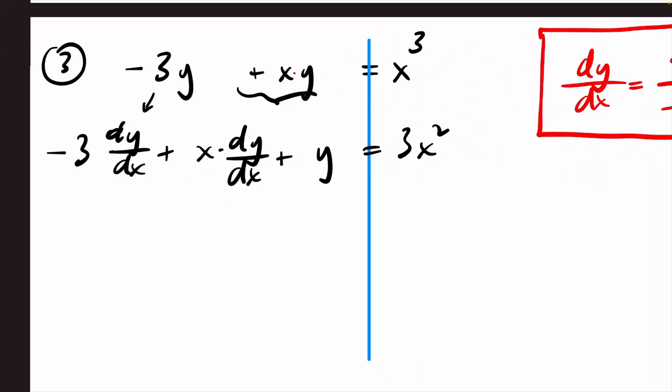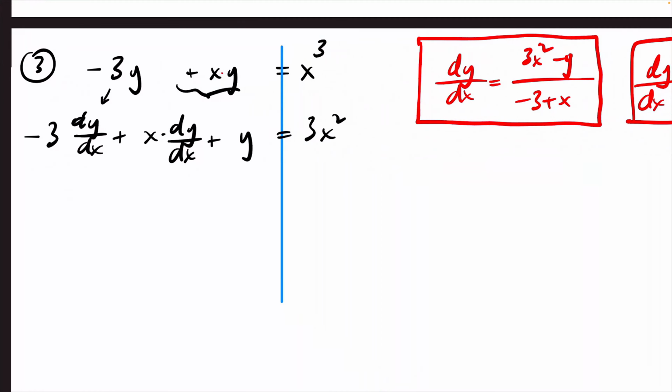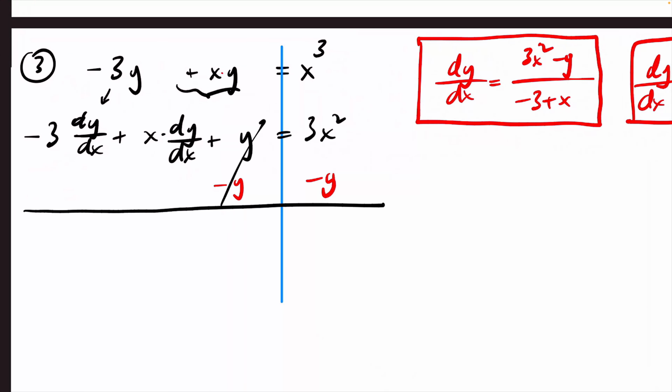Now I'm going to subtract y from both sides because that one doesn't have a dy over dx. So I get negative 3 plus x dy over dx equals 3x squared minus y.